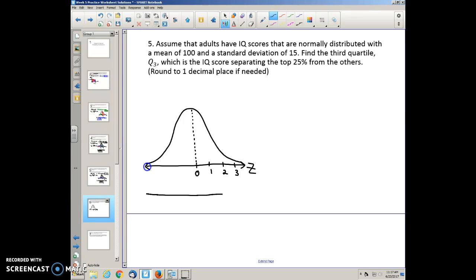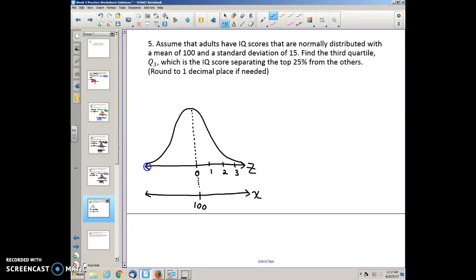Now if we compare this to X, which is the distribution that our random variable was selected from, the mean is 100. So that would actually go in the exact same location.